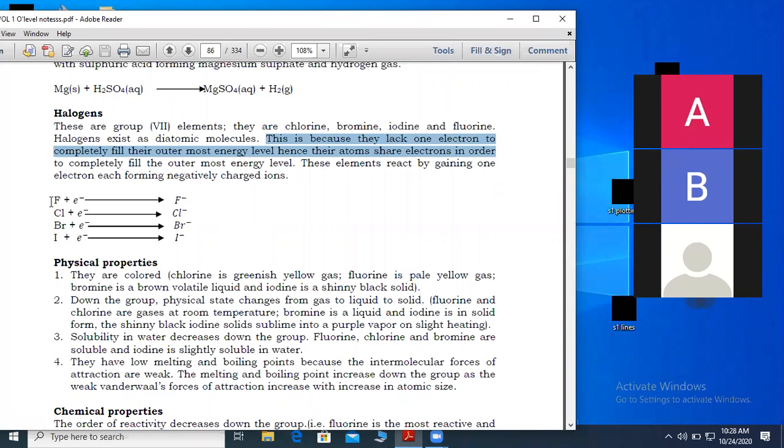So this is what the equation is trying to say. Chlorine plus an electron, you form a chloride ion. You know, after gaining an electron, the charge is negative. When an atom gains electrons, it gets a negative charge.